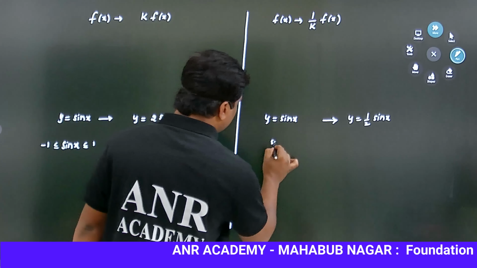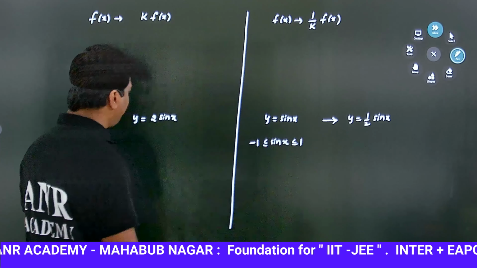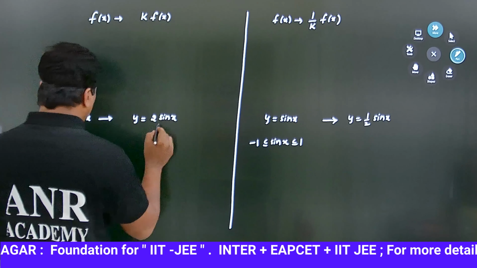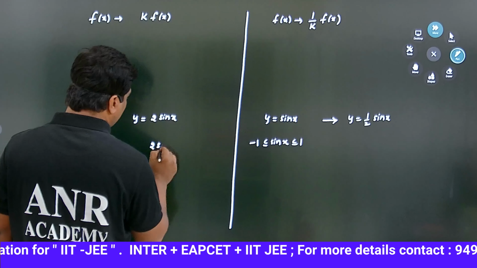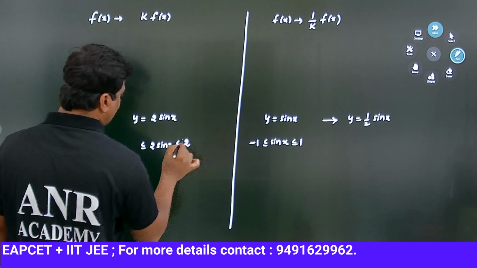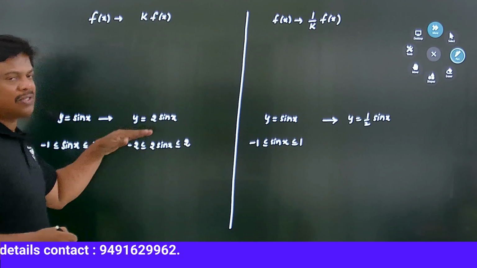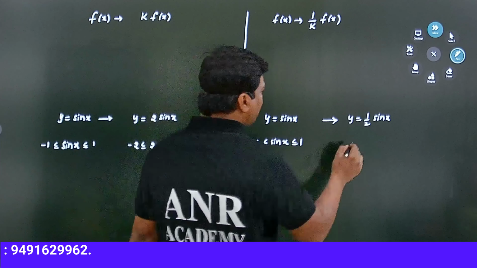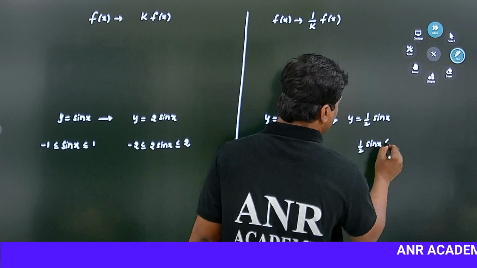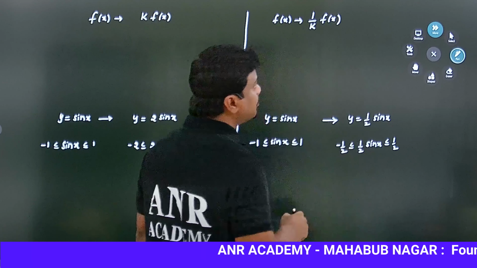Here also the same, I am going to write sin x value between minus 1 to plus 1. When you multiply with 2, what happens? 2 sin x, its maxima 2, minima minus 2. So the range from minus 2 to 2 exists. Here by multiplying with 1 by 2, what happens? Maxima 1 by 2 and minima minus 1 by 2.